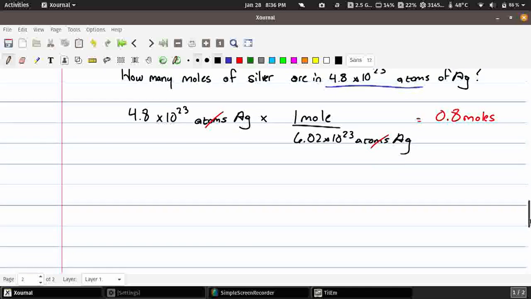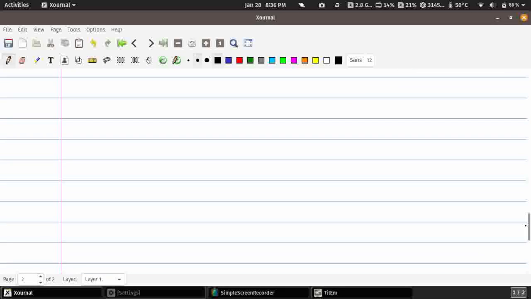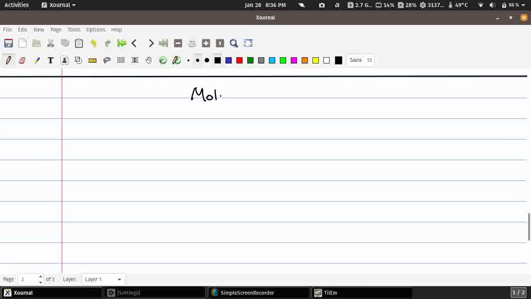So now, here's where it's not really much harder, but it's another skill that you're going to need to learn because this is really important. All right, so we're going to be talking now about the molar mass. So the molar mass is exactly what it sounds like.